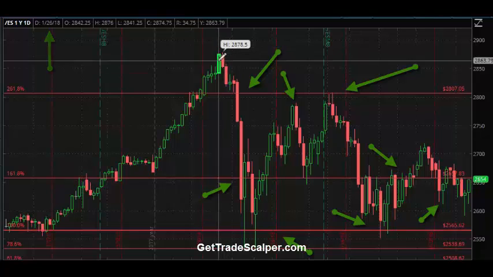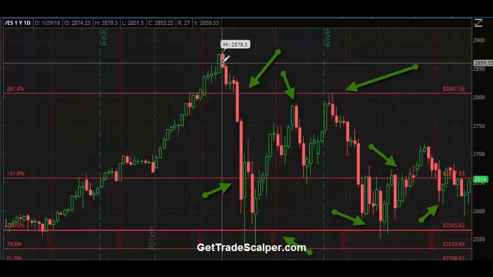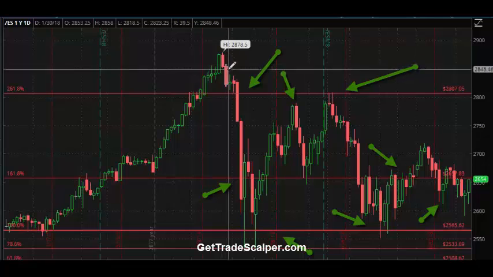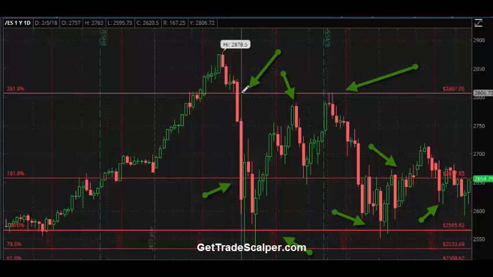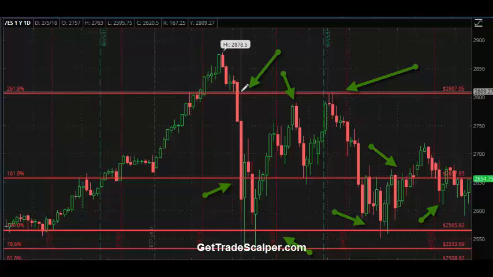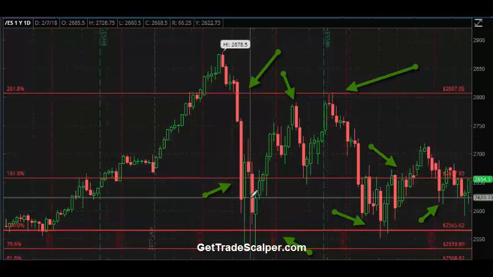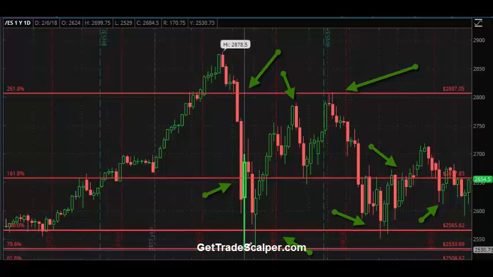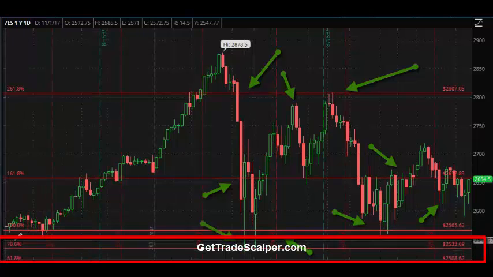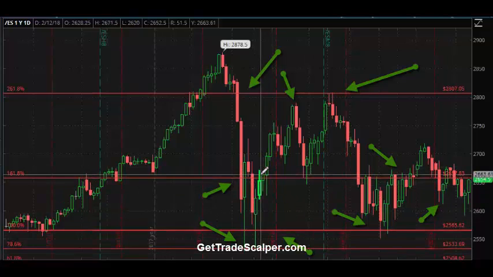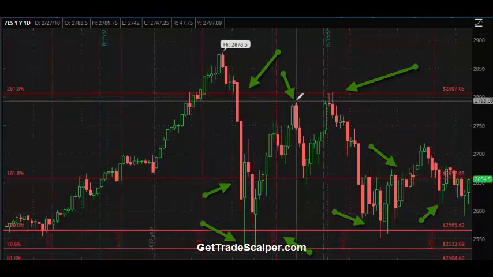Now we're into January 29th of 2018 at this point right here. All right, so price begins to print to the downside. It finds support there, finds support there, finds support all the way down here at the 78.6 level. Then it goes up.